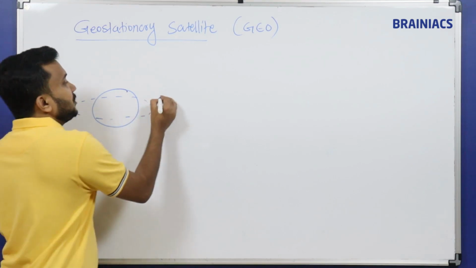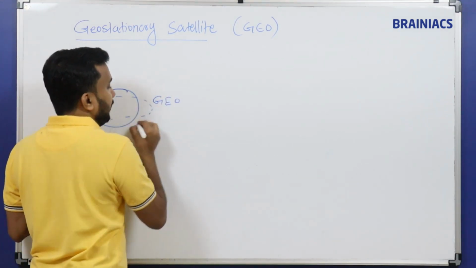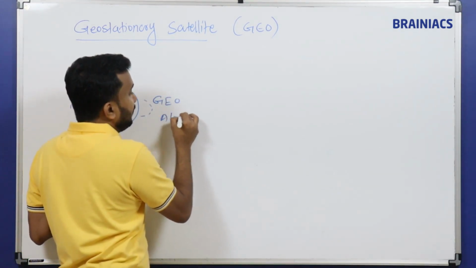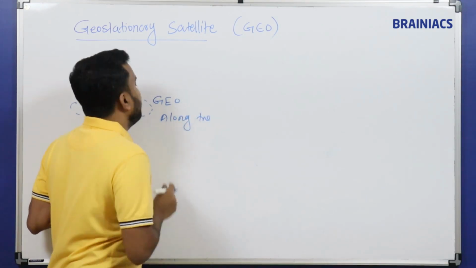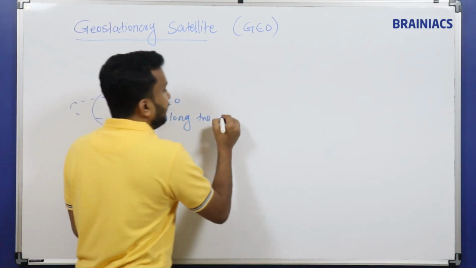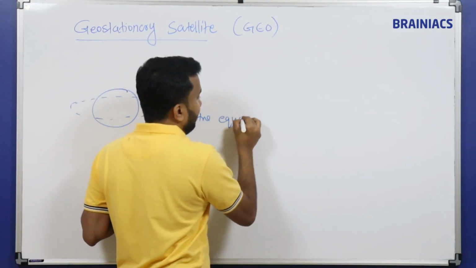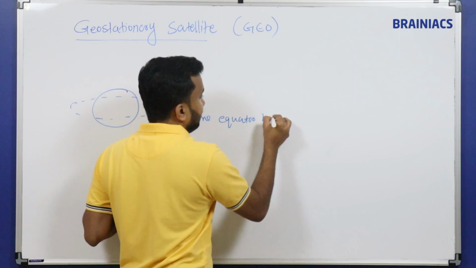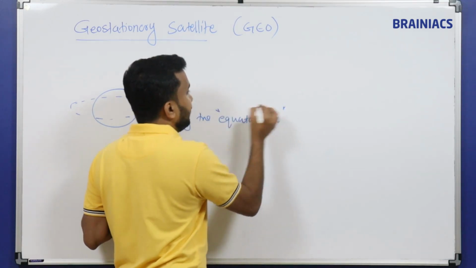The geostationary satellites are rotating along the equator belt, that is, along the equator region. That's the point.